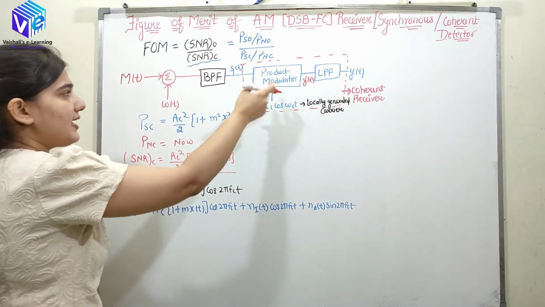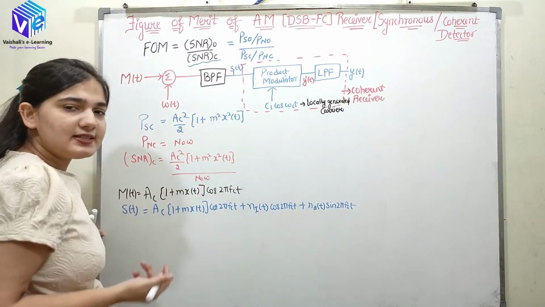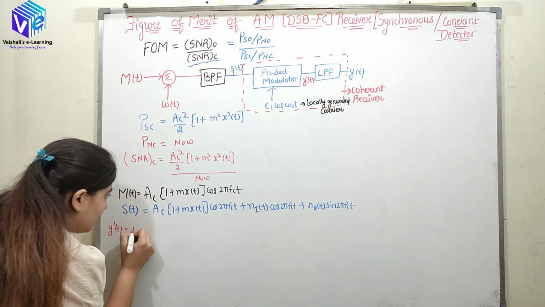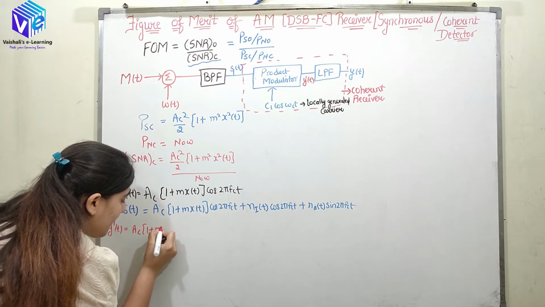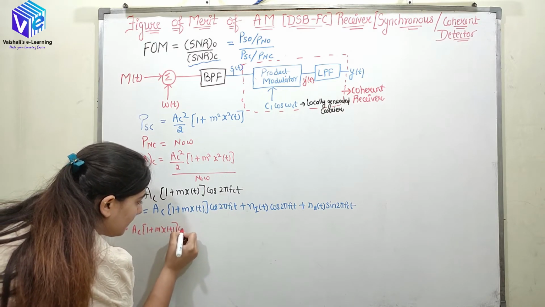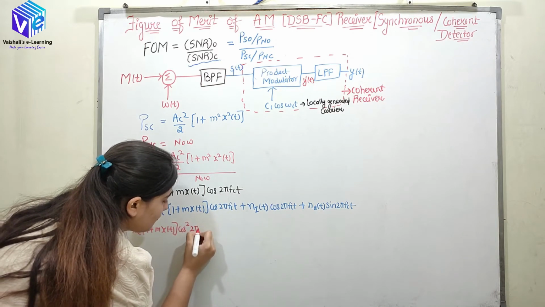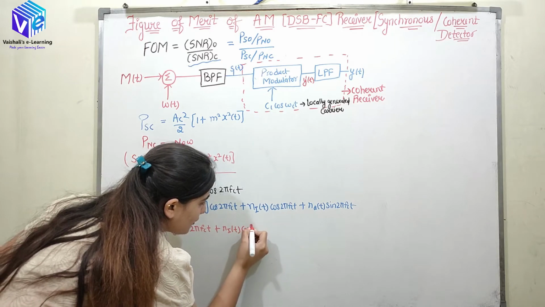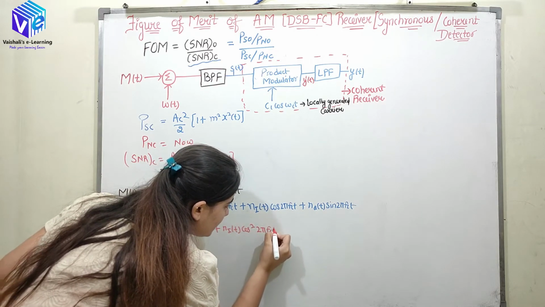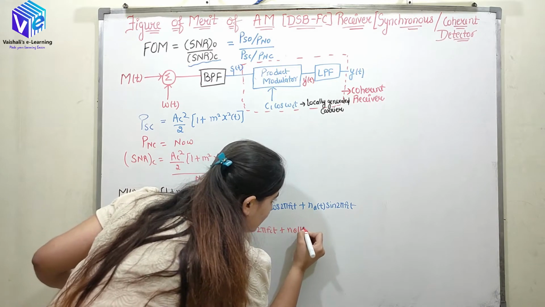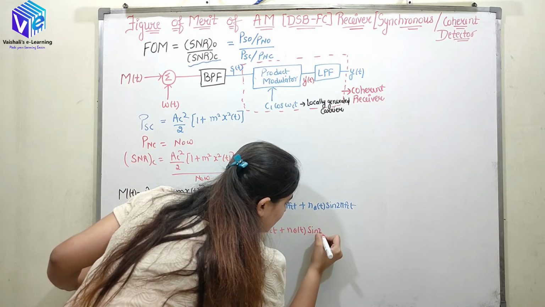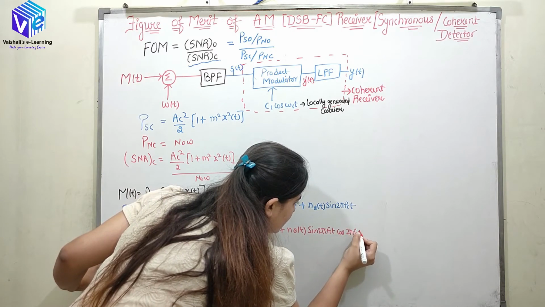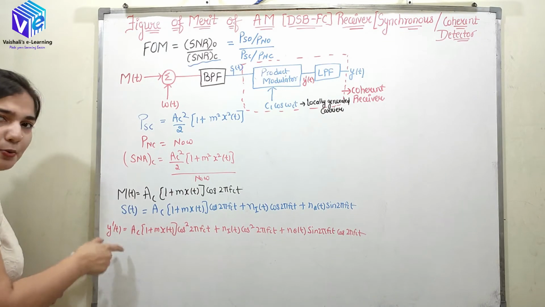To find y'(t), I simply multiply s(t) with c1 cos ωct. So y'(t) will be equal to Ac[1 + m(x(t))] cos² 2πfct plus n_I(t) cos² 2πfct plus n_Q(t) sin 2πfct cos 2πfct. So this is my y'(t).